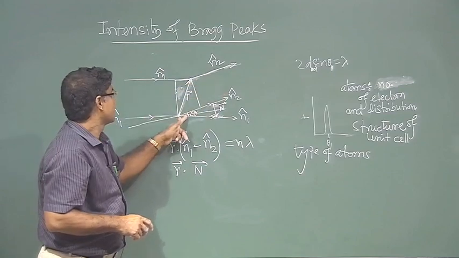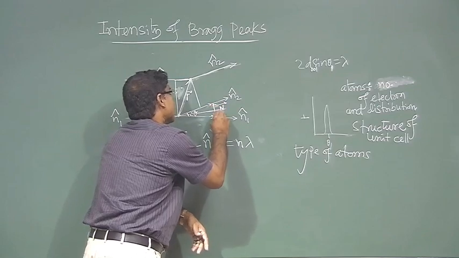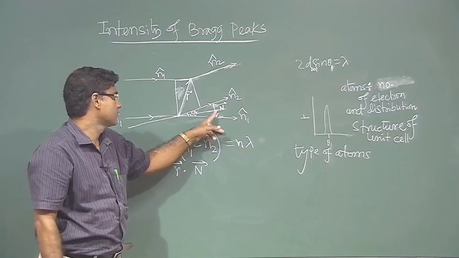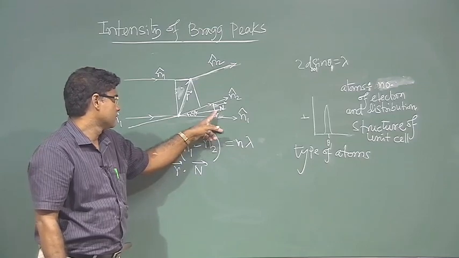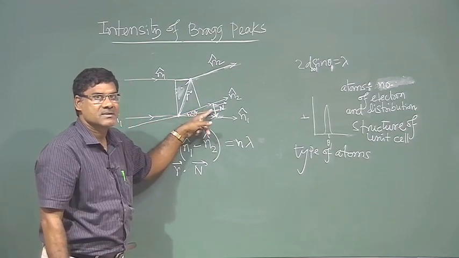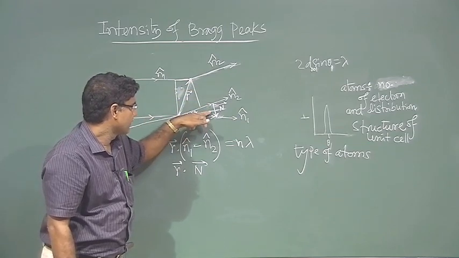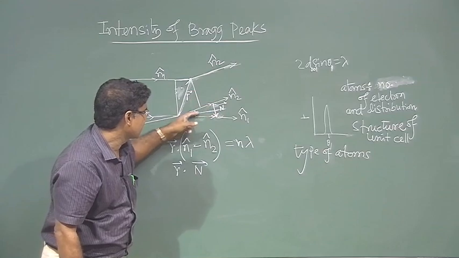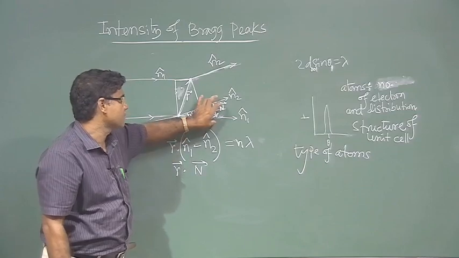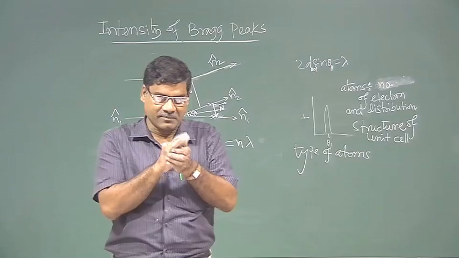So, now you can see that this capital N is nothing but the crystal plane normal, this crystal plane is basically the perpendicular bisector of this one. So, that we have seen earlier, this crystal plane.